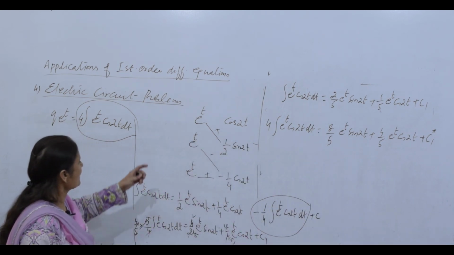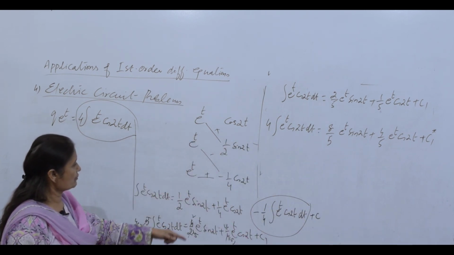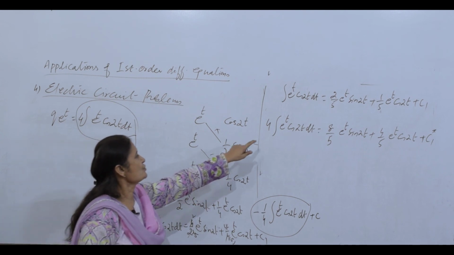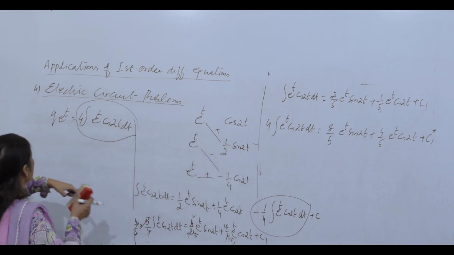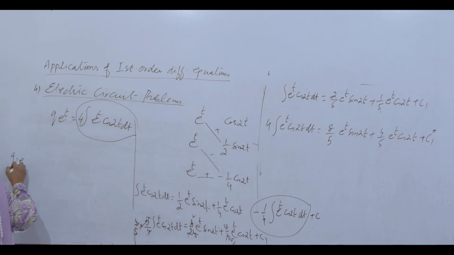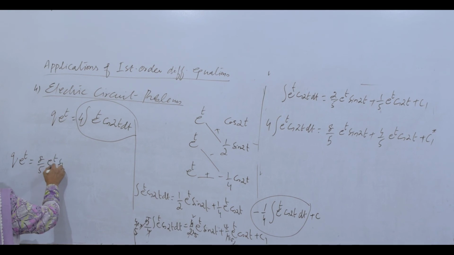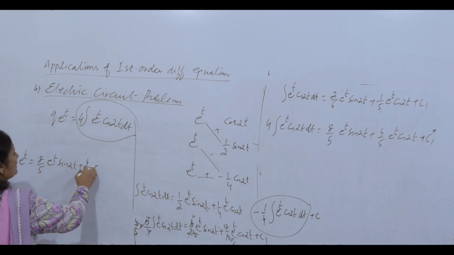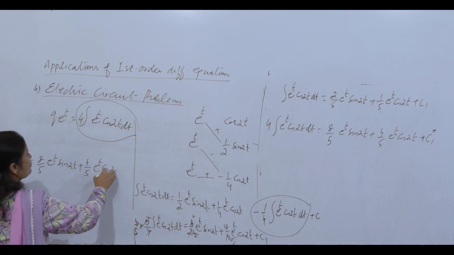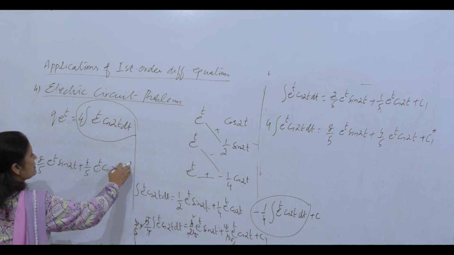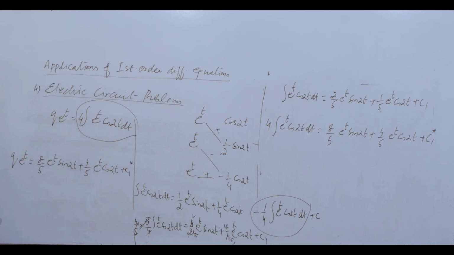Now you have shown your working, and putting it here, q e^t is equal to 8 by 5 e^t sin 2t plus 4 by 5 e^t cos 2t plus c1 star.